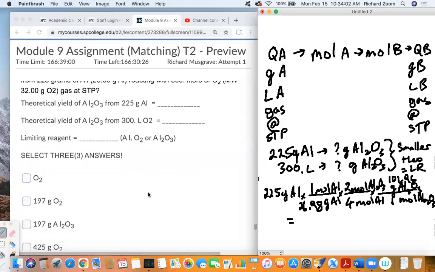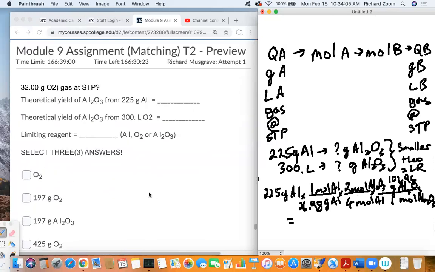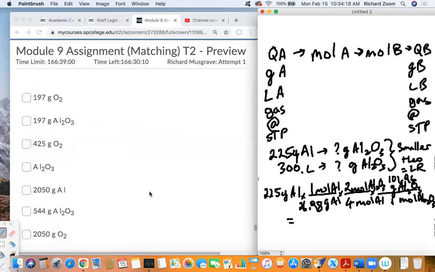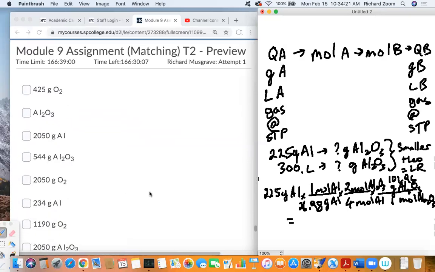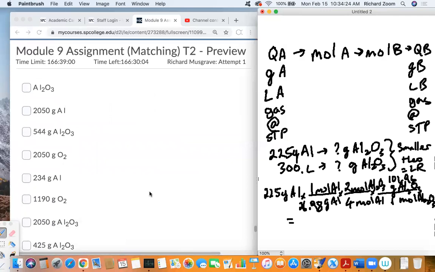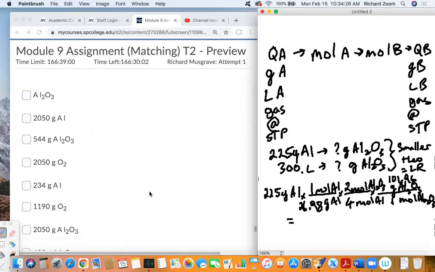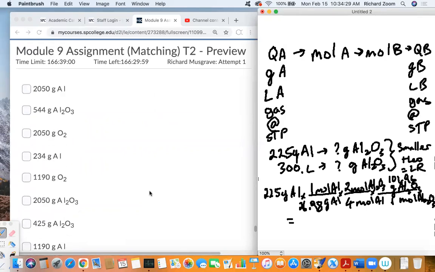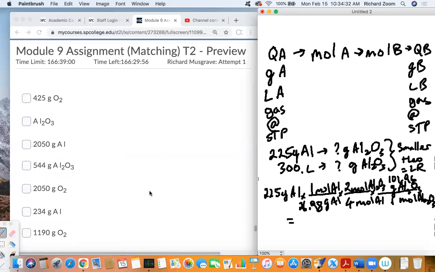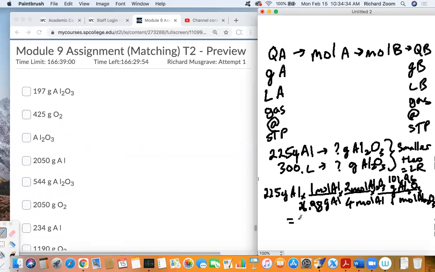I can't remember off the top of my head. So somebody want to do the math for me? I think it's 544, but I'm not 100% sure. Or it's 425, something like that. 425, thank you. So it's 425 grams of Al2O3.